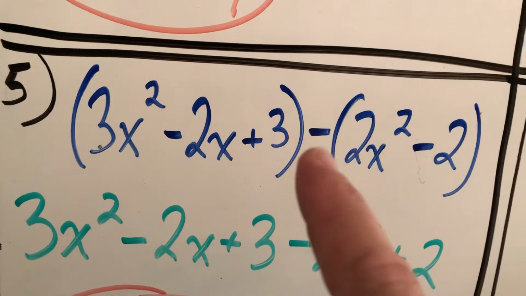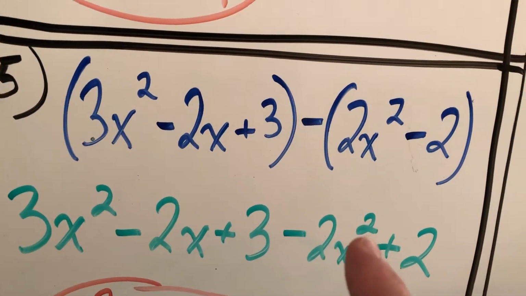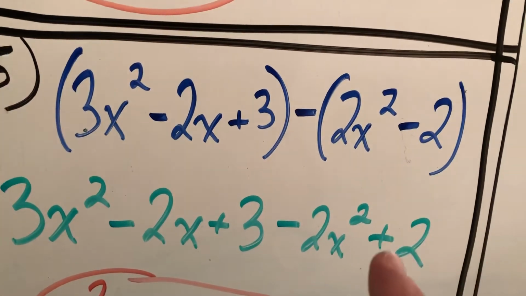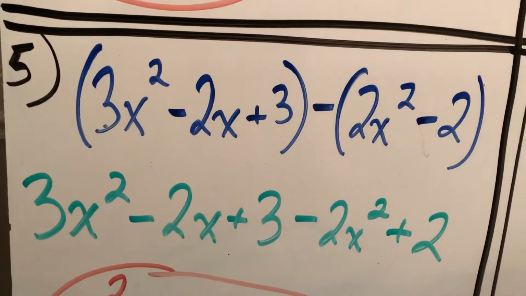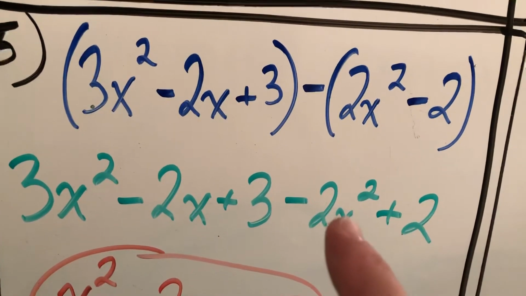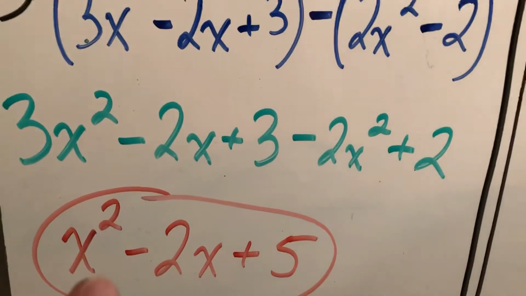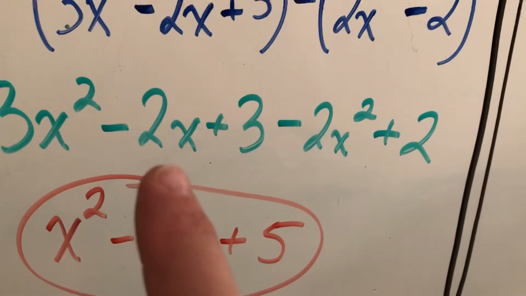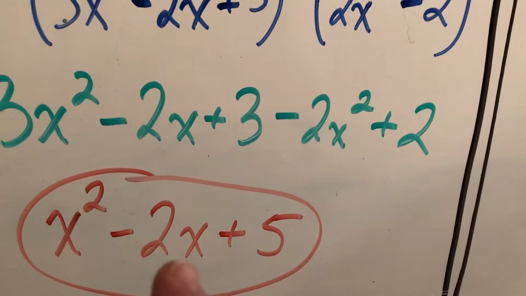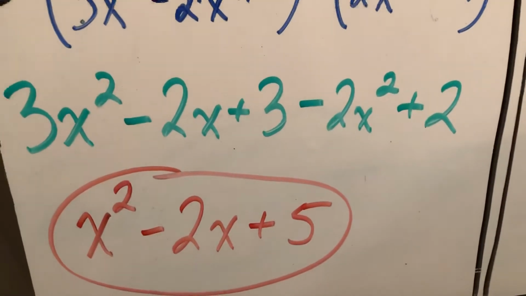But now this becomes, instead of positive 2x, it's minus 2x squared. And this minus, because it's minus minus, becomes plus 2. And now we add the like terms. 3x squared minus 2x squared is 1x squared. May I say x squared? Oh, thank you very much. Negative 2x or minus 2x. There's no other x term, so minus 2x. Plus 3, plus 2, plus 5. Thank you very much. Done.